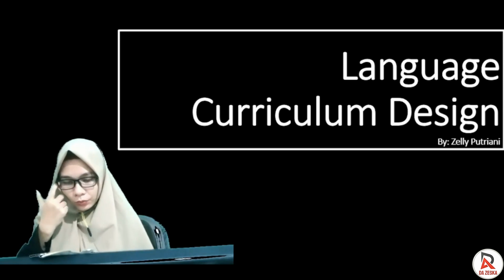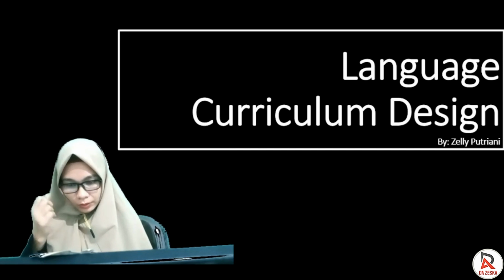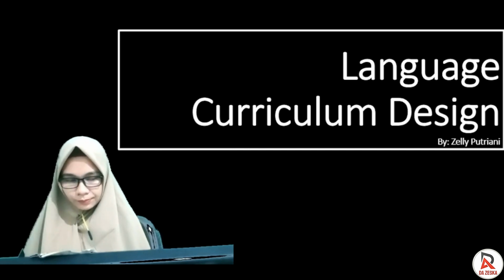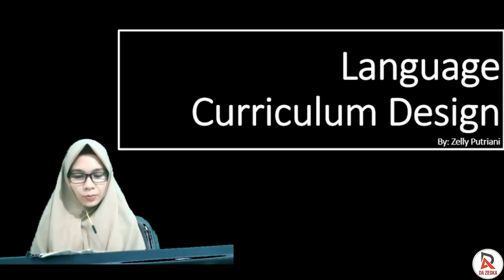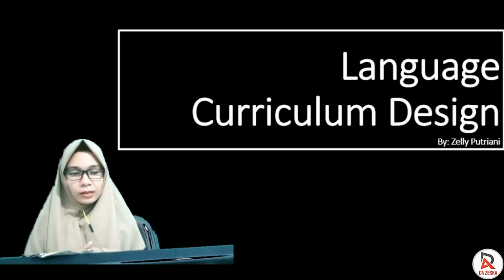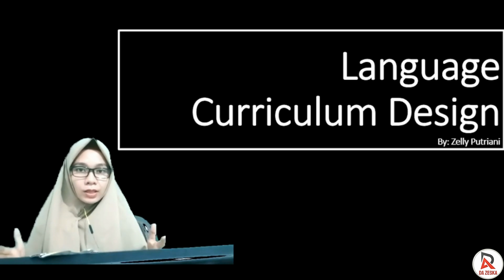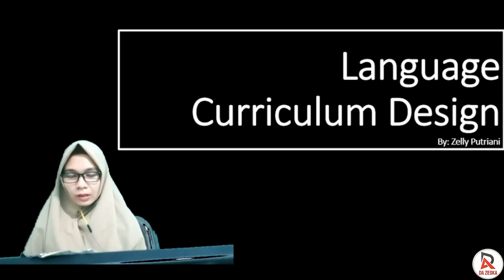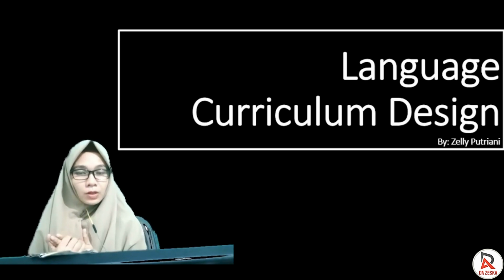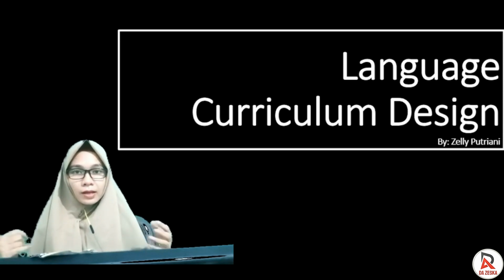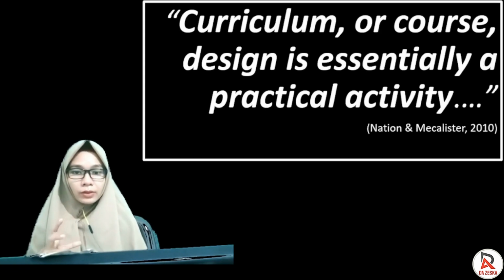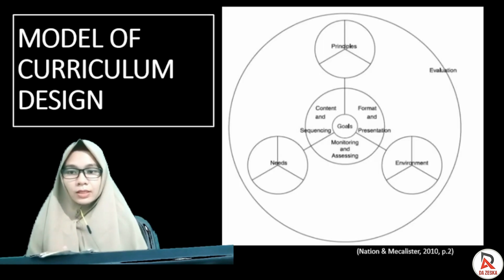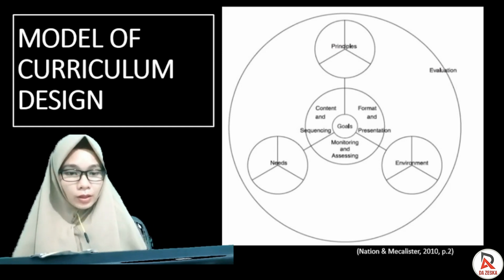And for that, we had already learned about people that we have to consider in defining the context, and also physical settings, the teaching and learning itself, and also the resources and time. So we have talked about those points, and today, inshallah, we will have a new lesson, and that's going to be about a model. So here it is, model of curriculum design.